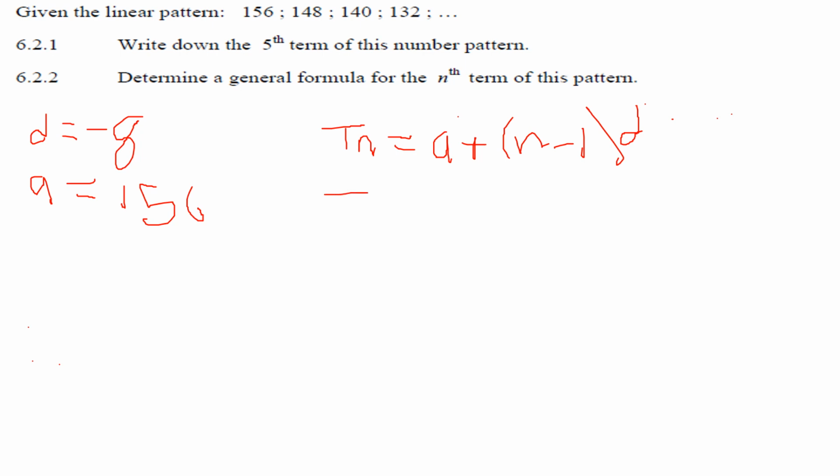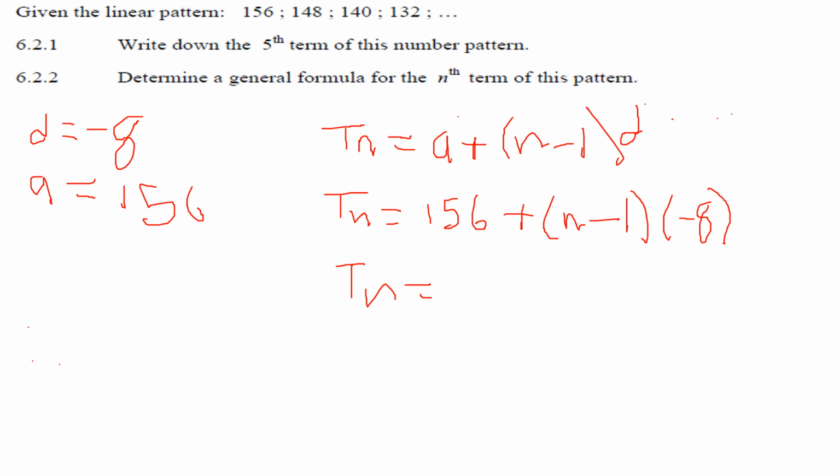We just substitute. Tn is equal to 156 plus n minus 1, and then the value of d is negative 8. You see when I put the negative 8 in the bracket, I do it so that I don't make mistakes, so that I know I'm multiplying, not subtracting there.